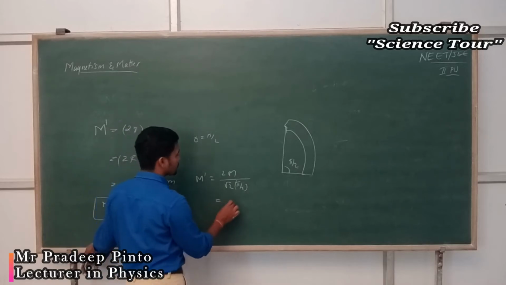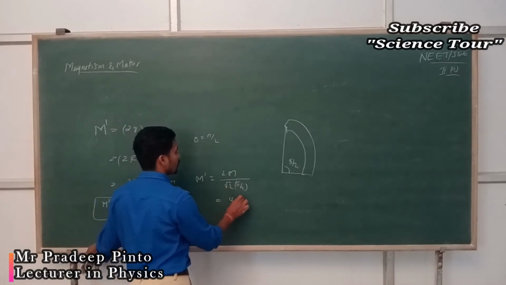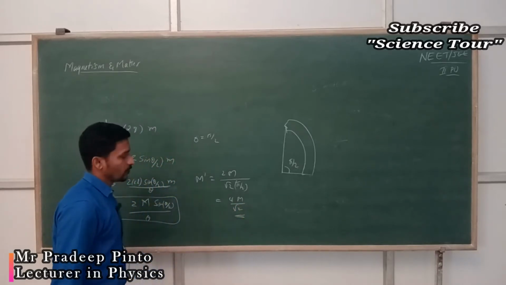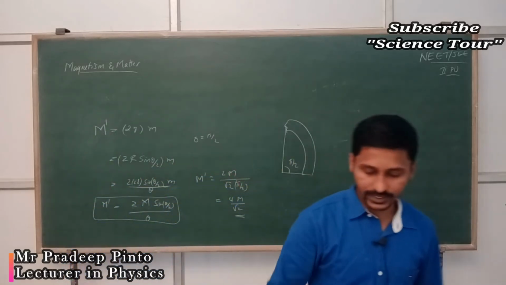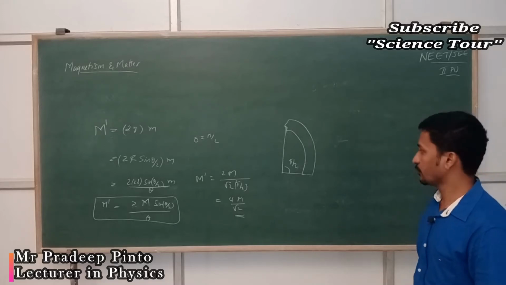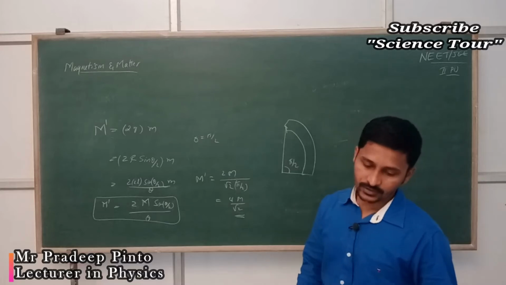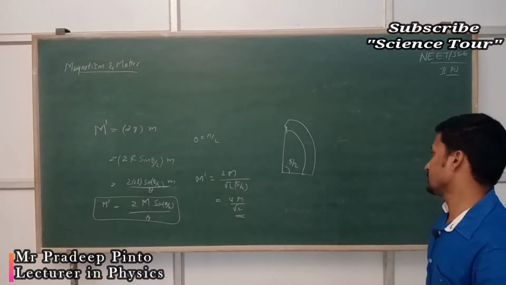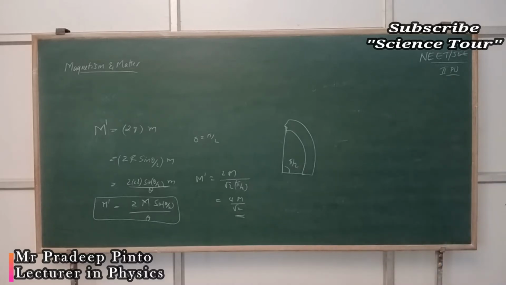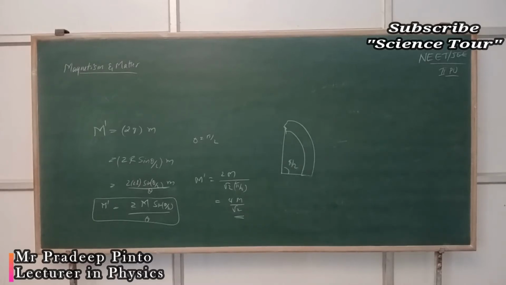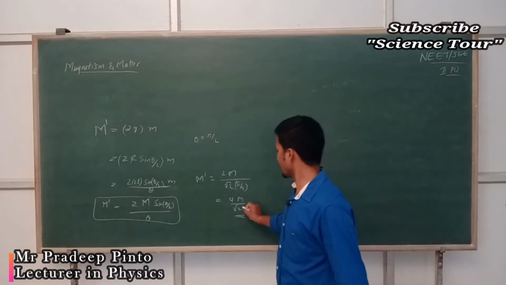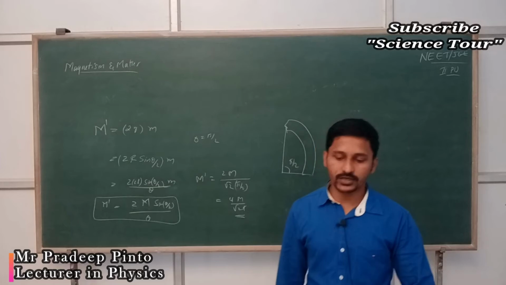So it becomes 4m by root 2 pi. That is what we are going to get.